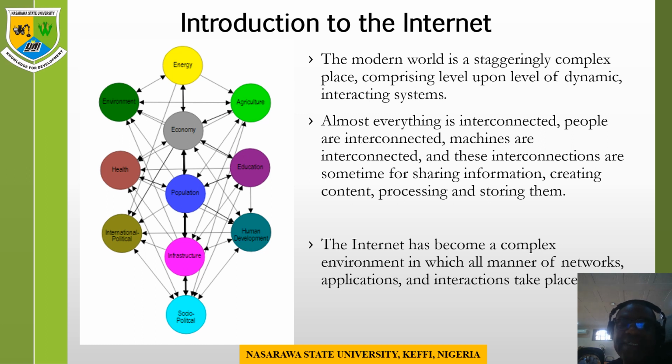People are interconnected, machines are interconnected, and these interconnections are sometimes for sharing information, creating content, processing, storing information, using information for collaboration, partnership. So the internet has become a complex environment in which all manner of networks, applications, interactions do take place.